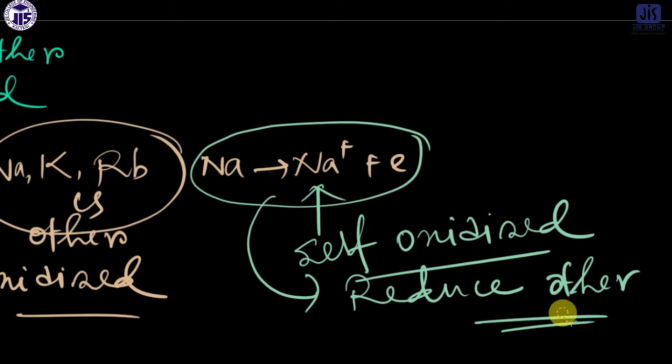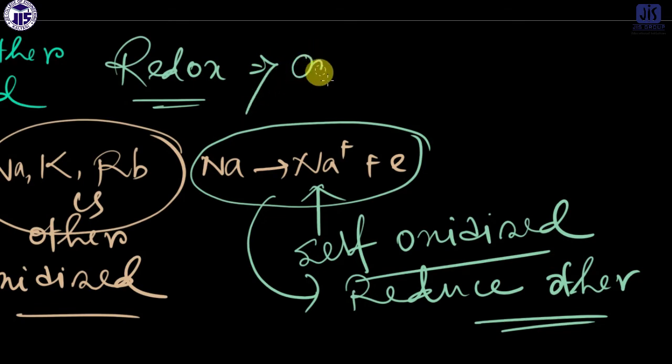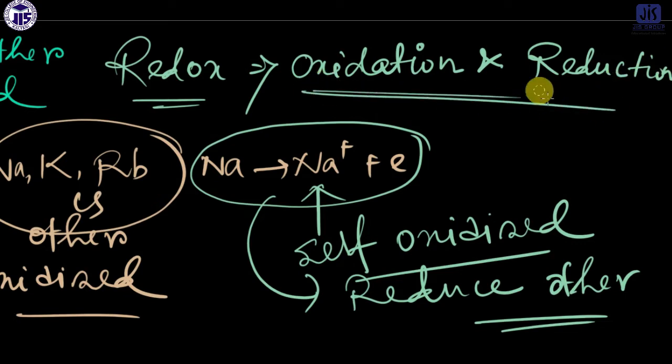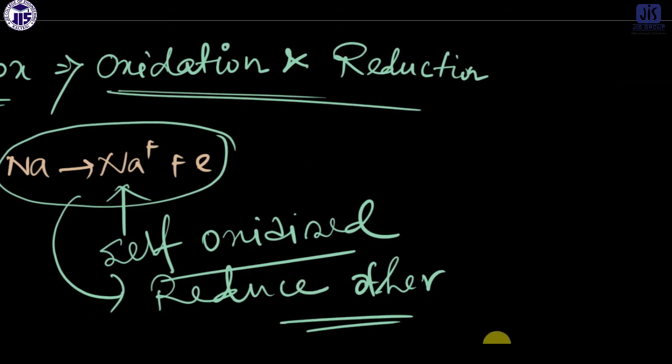Now what is the meaning of the redox reaction? Redox reaction means it is the combination of oxidation and reduction. So in one part of the reaction there will be oxidation, and in another part there must be reduction.